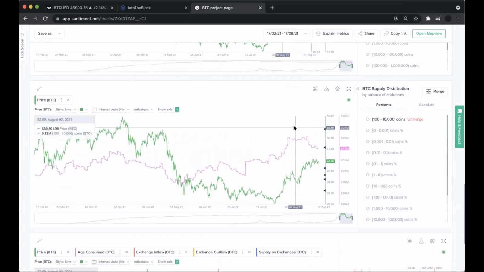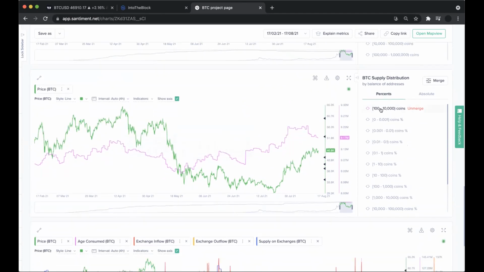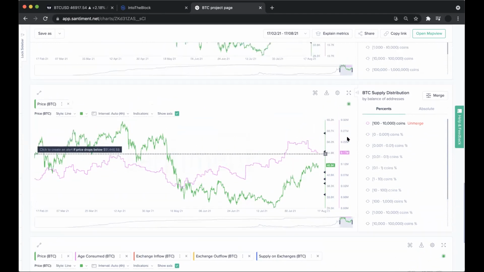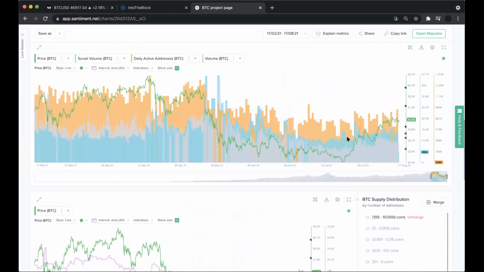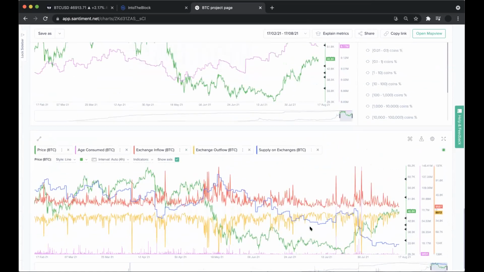Another interesting thing that I have been seeing is that the addresses that hold between 100 to 10,000 Bitcoins have also continued to decrease their holdings, basically going from around 9.23 and now they're sitting at around 9.17 million, right? That to me is a little bit bearish from an on-chain perspective.